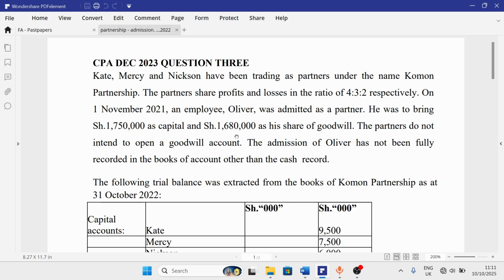You just have to debit cash account and then you credit capital account to the old partners only using their old profit sharing ratio. And then notice what the other sentence says, that the partners do not intend to open a goodwill account. So you will not be having a goodwill account in the statement of financial position.